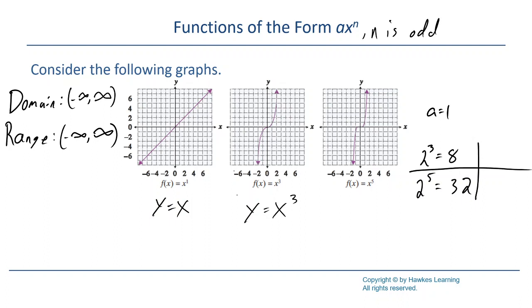Domain, just as a review, is associated with your x values. If there's an infinite number of them, I'm assuming it's more than one. And the range is associated with the y values.